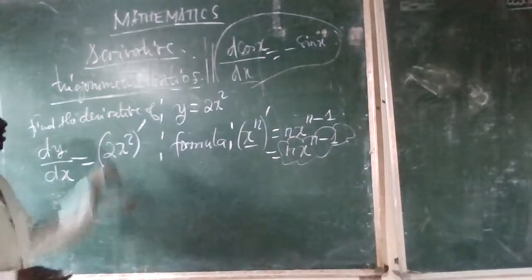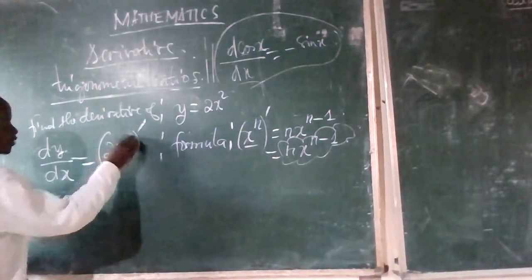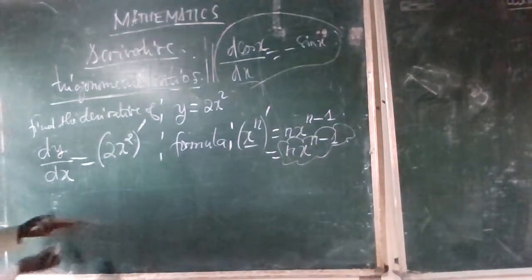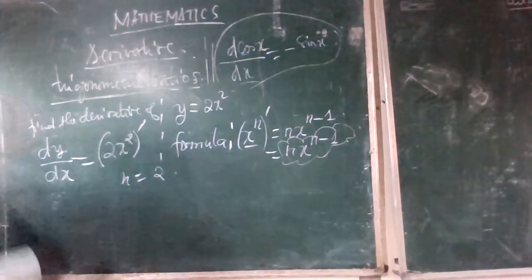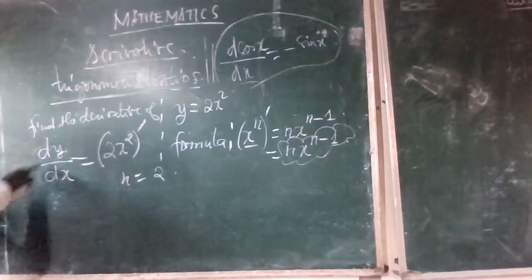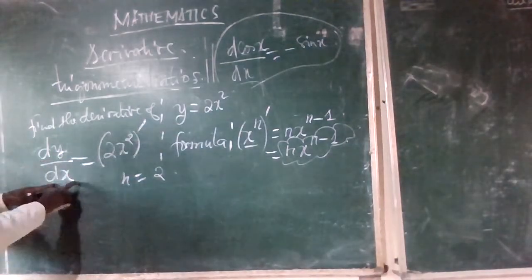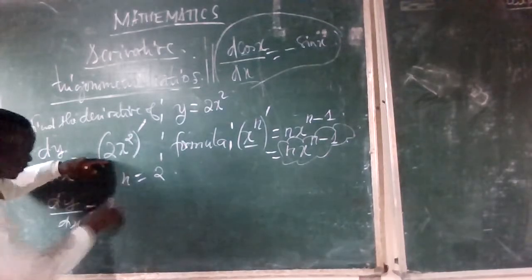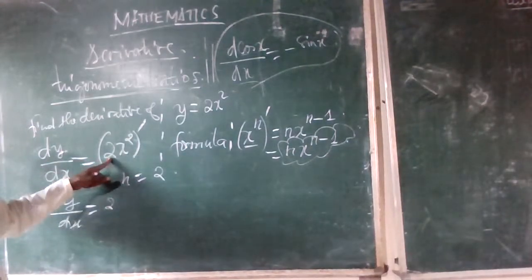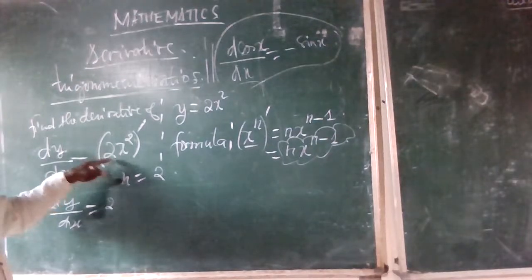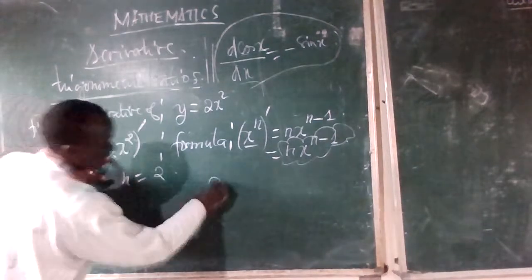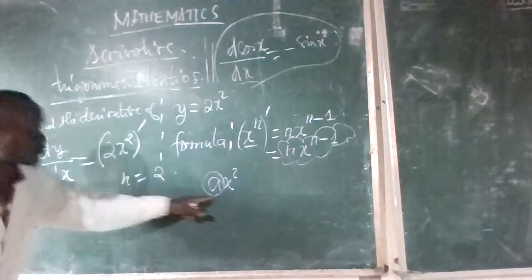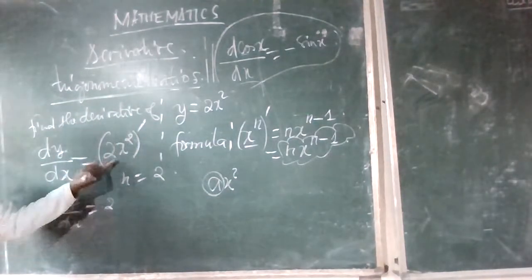What is n here? It is the power 2, as you have here. Yes, n is equal to 2. Now the derivative of this function y with respect to x: we have this 2, you have to write this 2. Yes, it is a coefficient that you have. It means 2x squared; this is a constant number.